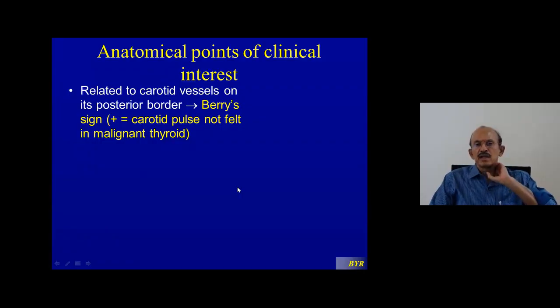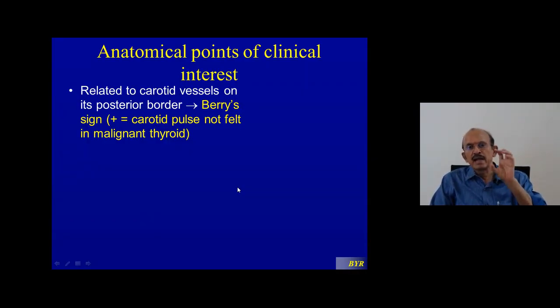Keep your fingers at the posterior border of the mass and try to feel. You must feel the carotid vessels. Why are carotid vessels felt there? When the thyroid gland enlarges in the pretracheal fascia, it pushes the carotid vessels behind it. So you will be able to feel the vessels.